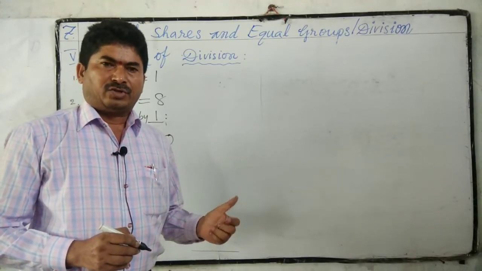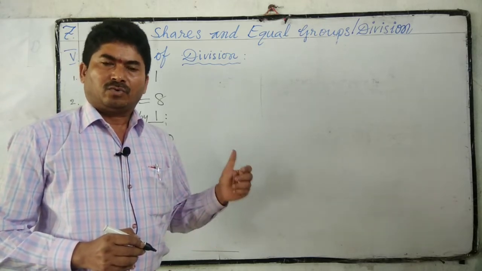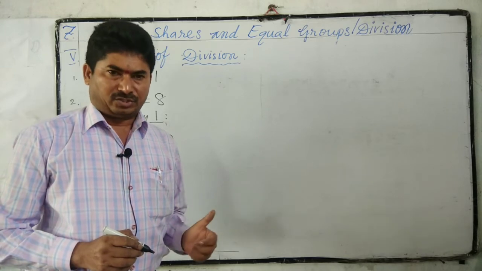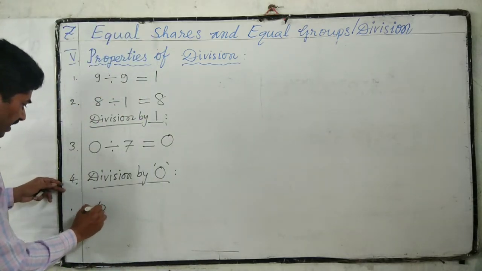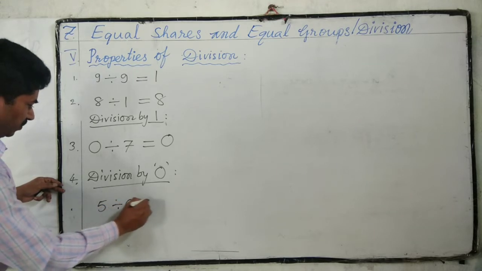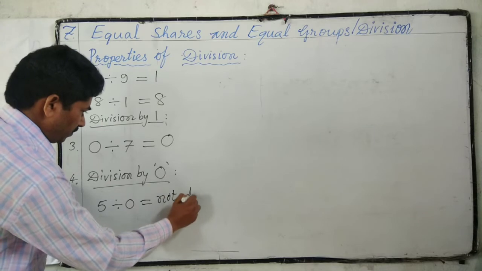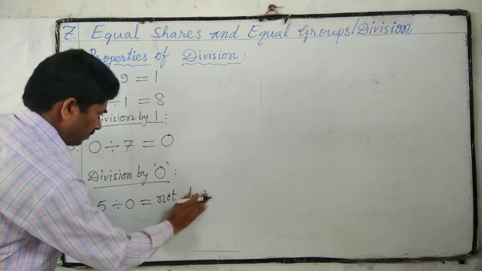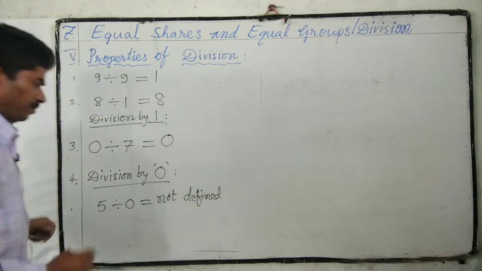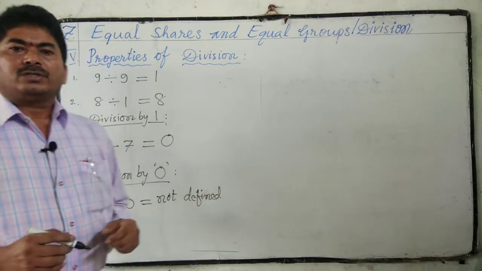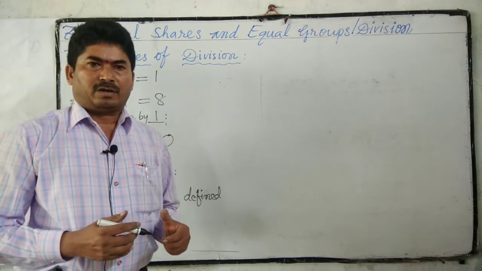When a number is divided by 0, the quotient can't exist. So 5 divided by 0 is not defined. So we can say division by 0 is not defined.